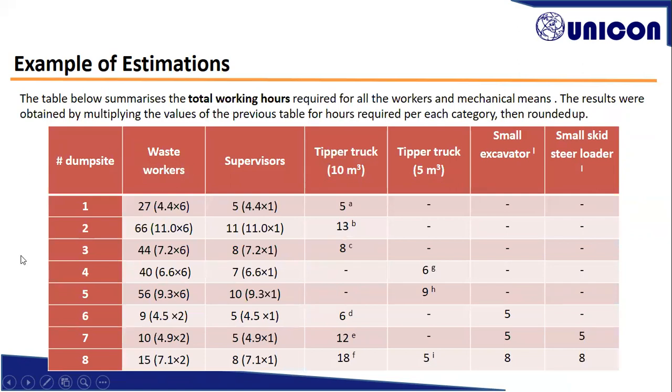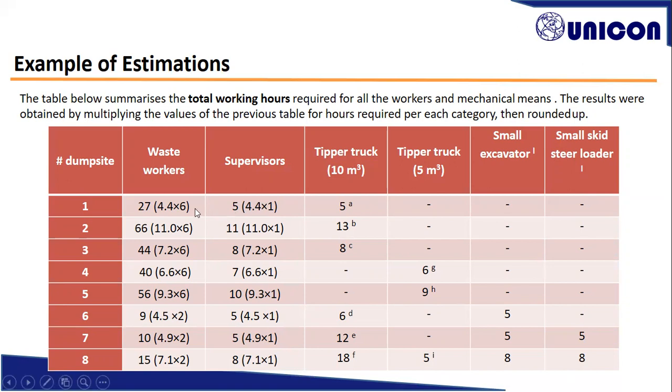In the table below, you can see the total working hours required for all the workers and mechanical means. These results were obtained by multiplying the values of the previous table, I mean this table, by the hours required for each category. Then each value was rounded up.